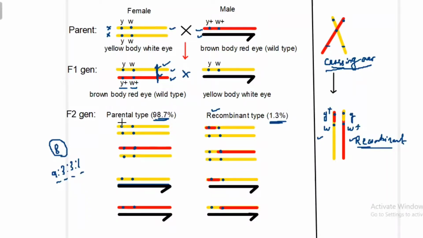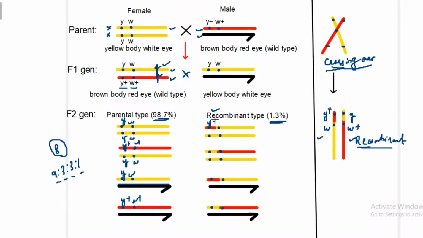Here we can put the genotype. It is YW, it is YW, here Y plus W plus, here YW, here YW, here Y plus W plus. These are all parental combination, YW or Y plus W plus, okay. No YW plus or Y plus W. Here we can find recombinants, okay.